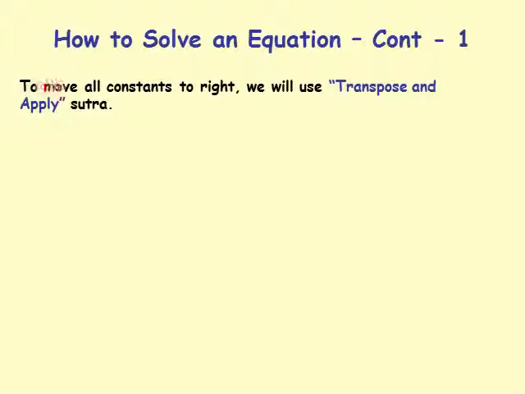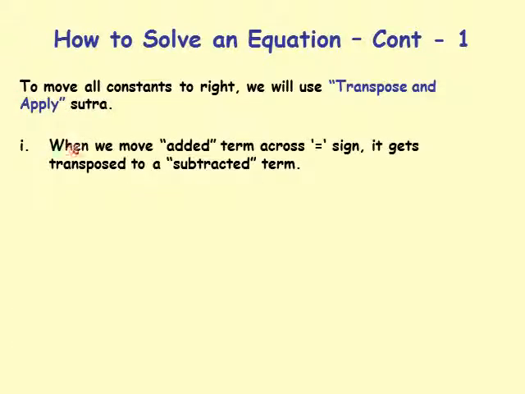To solve the equation, we apply a sutra: transpose and apply. So we are trying to transpose everything that doesn't have the variable to the right, okay? Let's continue here. When we move an added term across the equal sign, it gets transposed to a subtracted term.